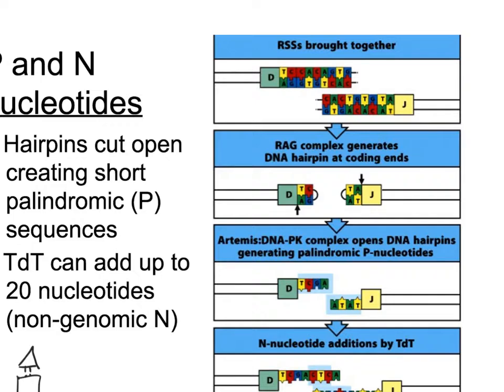And then when Artemis cuts, it only cuts on one side. So now we have just a handful of nucleotides. I don't really know if it's 2 or 4 or 6. I don't think it matters that much. But what matters is this DNA was never in the original chromosome, because they were on different strands.